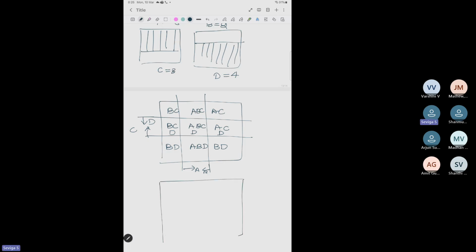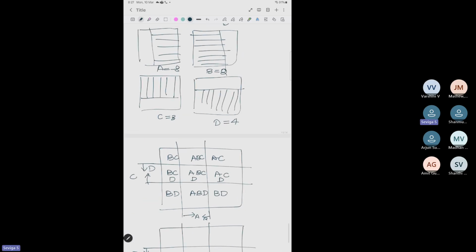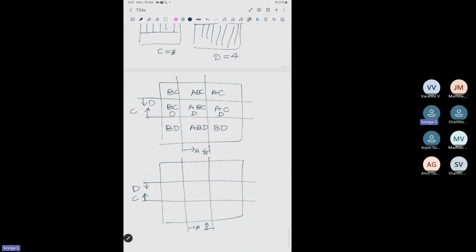Now we can take all these values and write. Here B and C are positive. What is the value of B? B is 2, C is 3. So here the value is 2 plus 3, which is 5.